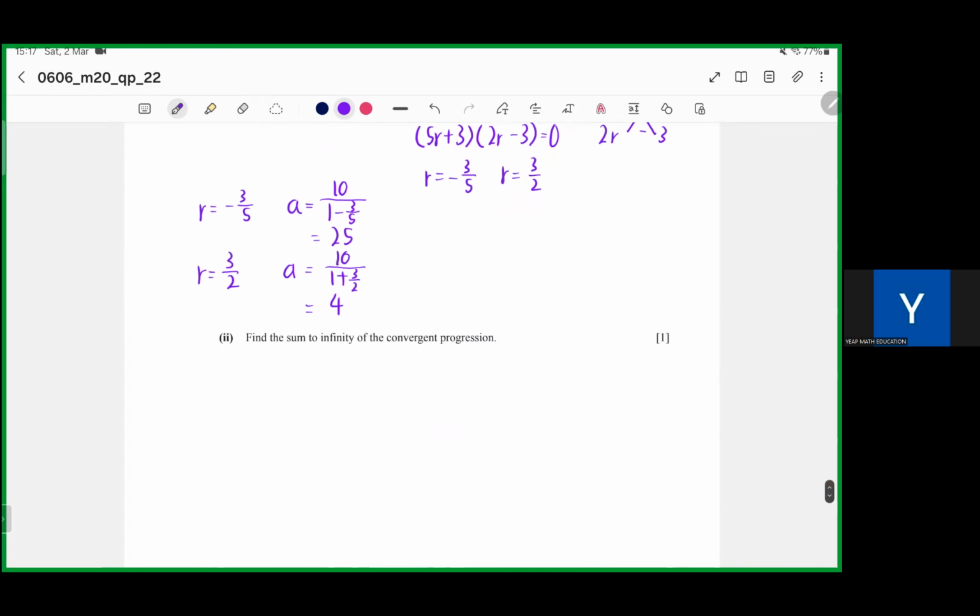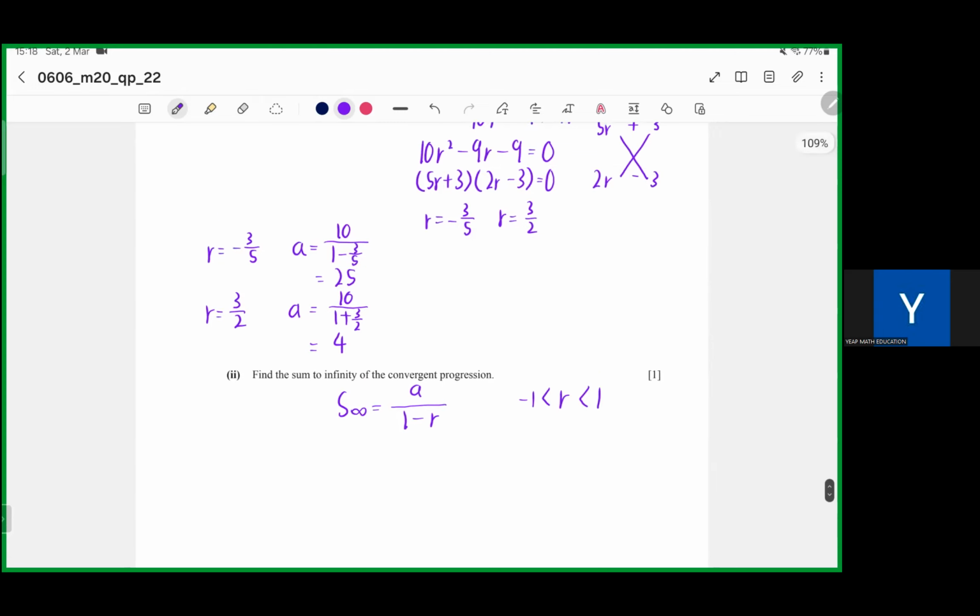Okay, second question. You need to take the previous answer from part 1. Find the sum to infinity of the convergent progression. It means actually sum to infinity you already know. S equals to A over 1 minus R. But this R should happen in this range only.